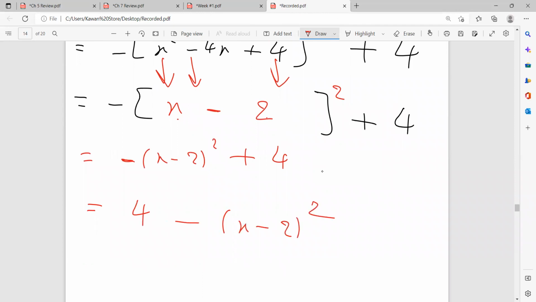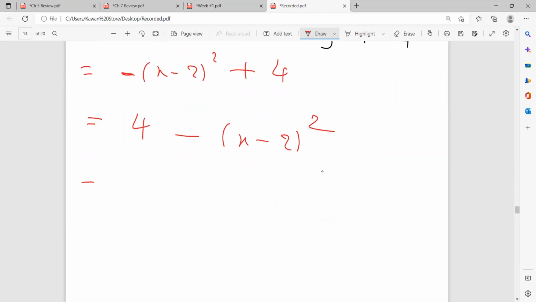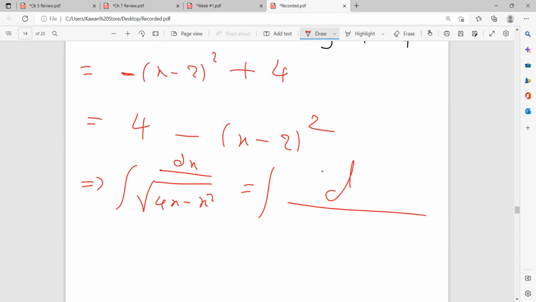Look, now everything is clear. Why clear? Because before we had 4x minus x squared dx. Now I have this, am I right? So which formula is that one now? 100% it is sine inverse, 100%.